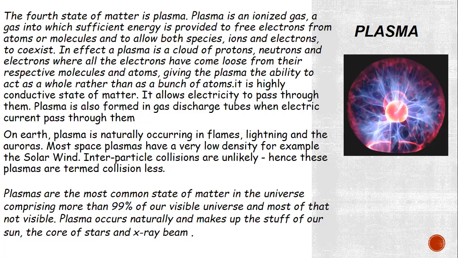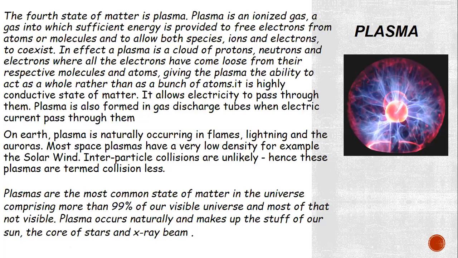It allows electricity to pass through it, and it is also formed in gas discharge tubes, for example neon lights, where the plasma is formed. On Earth, plasma occurs naturally in flames, lightning, and the auroras. In most of space, plasma has a very low density, for example the solar wind. Interparticle collisions are unlikely, hence these plasmas are termed collisionless.